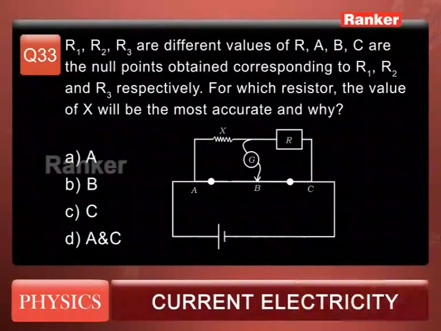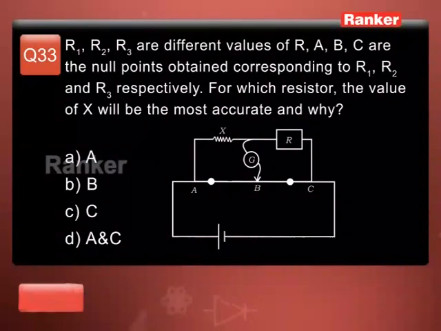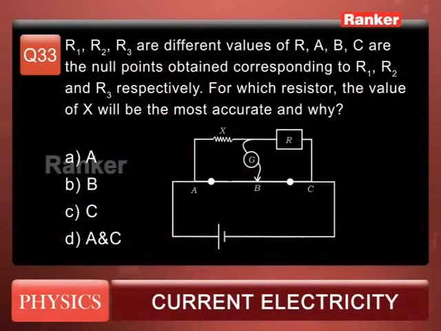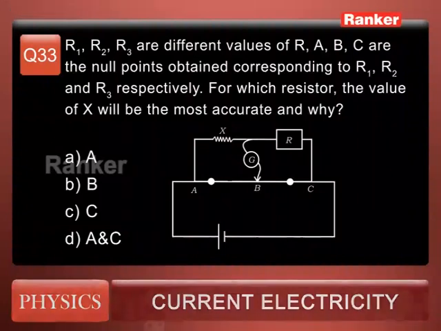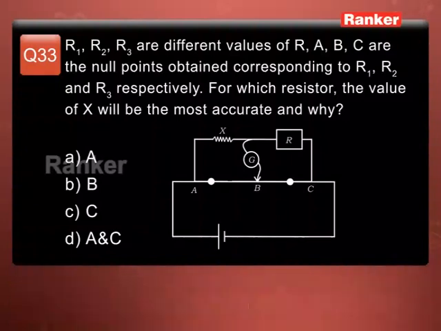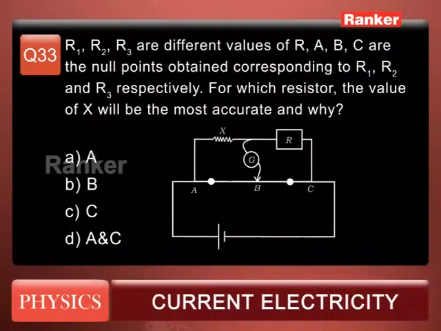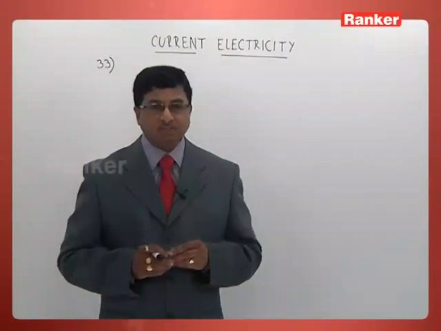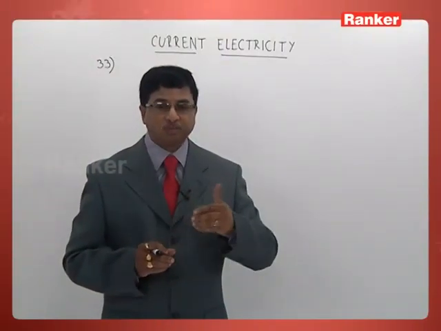When the resistance is R1, the balance point is obtained at A. When the resistance is R2, the balance point is obtained at B. Similarly, when the resistance is R3, the balance point is obtained at C. That is what has been given in the description.